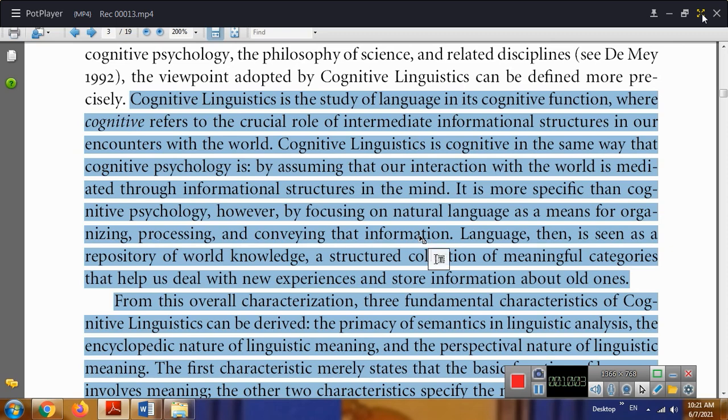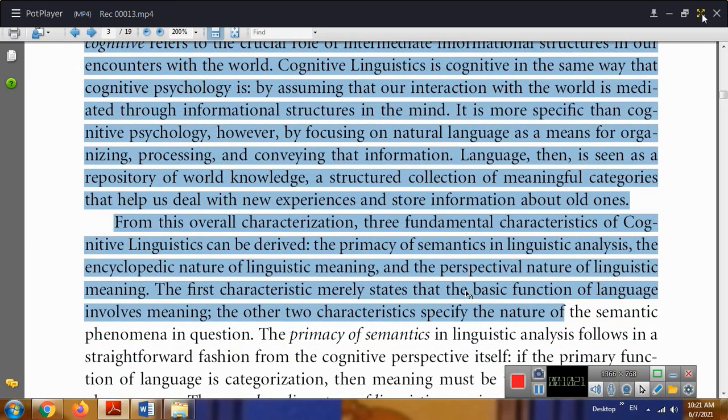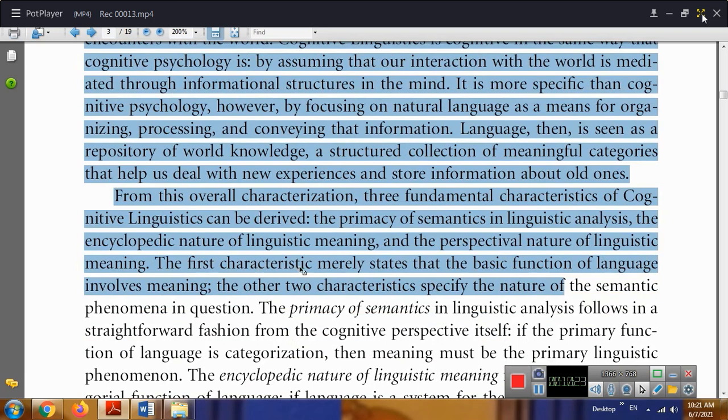They look at language as an instrument. Language then is seen as a repository of world knowledge, a structured collection of meaningful categories that help us deal with new experiences and store information about old ones.